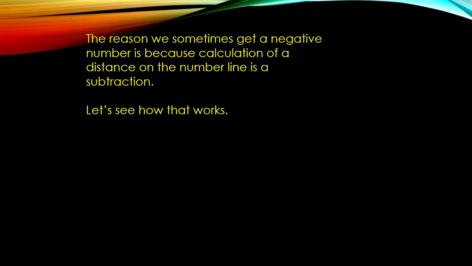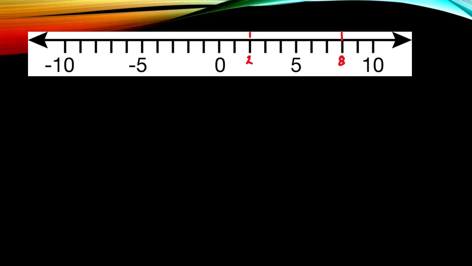Let's see how we handle that by looking at this horizontal line. Remember, it doesn't make any difference whether it's horizontal or vertical, but I just happen to have a number line that's horizontal. And let's say that we pick 2 points at random and we want to know the distance between them. So here I've chosen 2 and 8 on the number line, and I can calculate the distance or I can just count it.